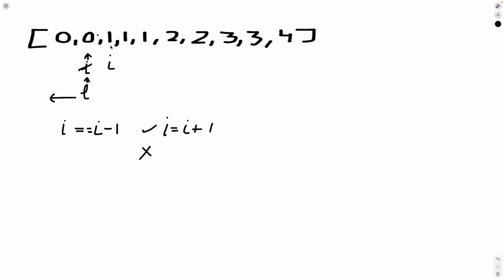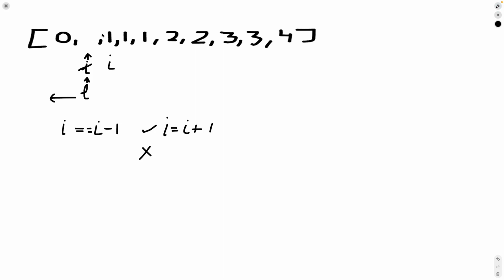Now we see these two are not equal. So what happens? I'm going to replace the element at the position after my L pointer with this element. So essentially I'm going to erase 0 out and replace that with 1.